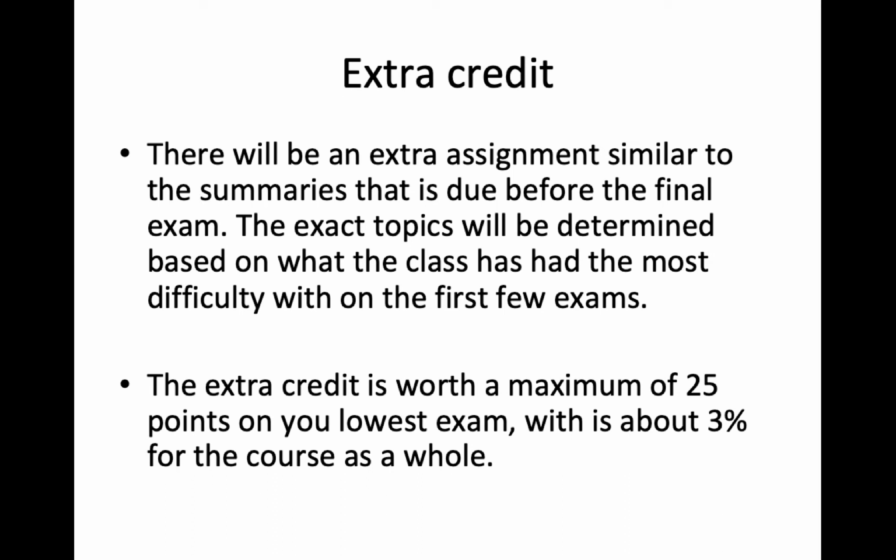The latest you can turn this in is when you walk in to take the final. It's worth 25 points on your lowest exam, which is roughly 3% of the course as a whole. Just think about it like when you were in your honors courses and they add the 3 points on at the end. It's basically that.